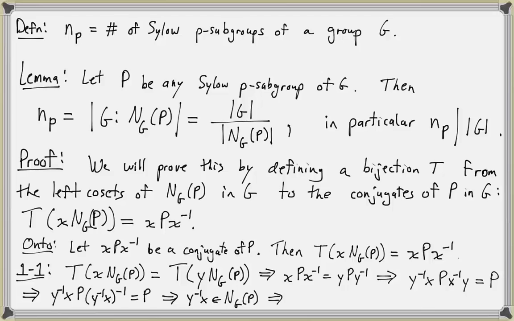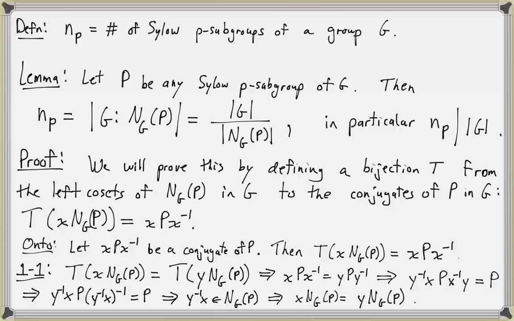But if Y inverse X is an element of the normalizer, then that tells us that the left coset X times the normalizer equals the left coset Y times the normalizer of P. And therefore, we see that T is 1-to-1. The inputs must have been the same.